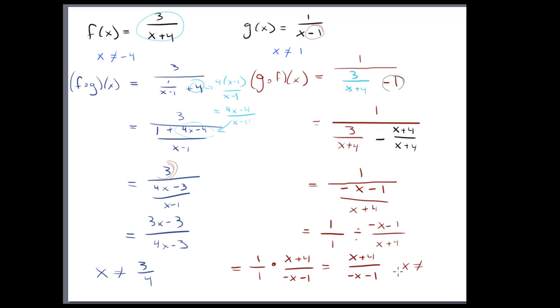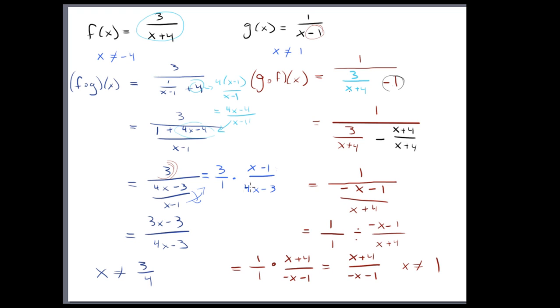X can't be 1. And over here we did the same thing. We wrote this as 3 over 1 times the denominator over the numerator, right? We took and we flipped this to do the division.